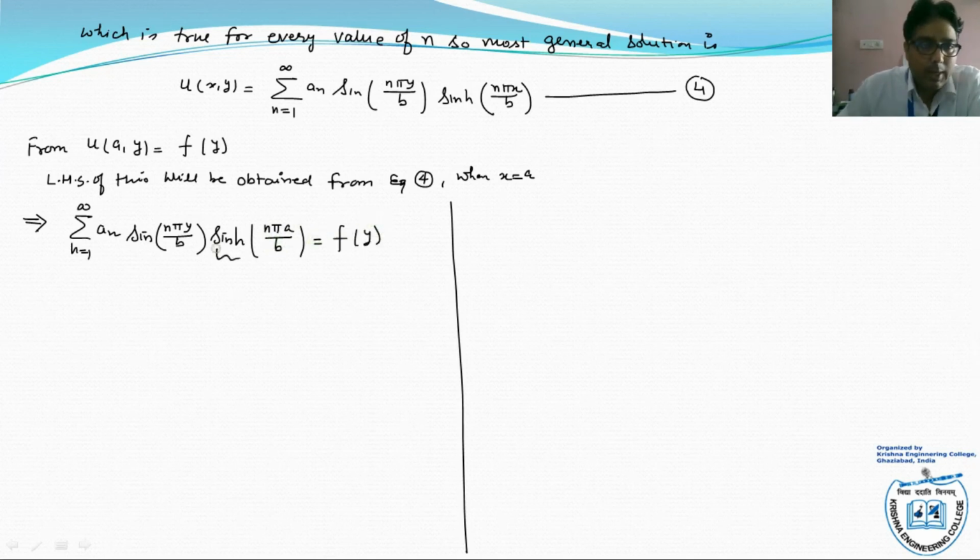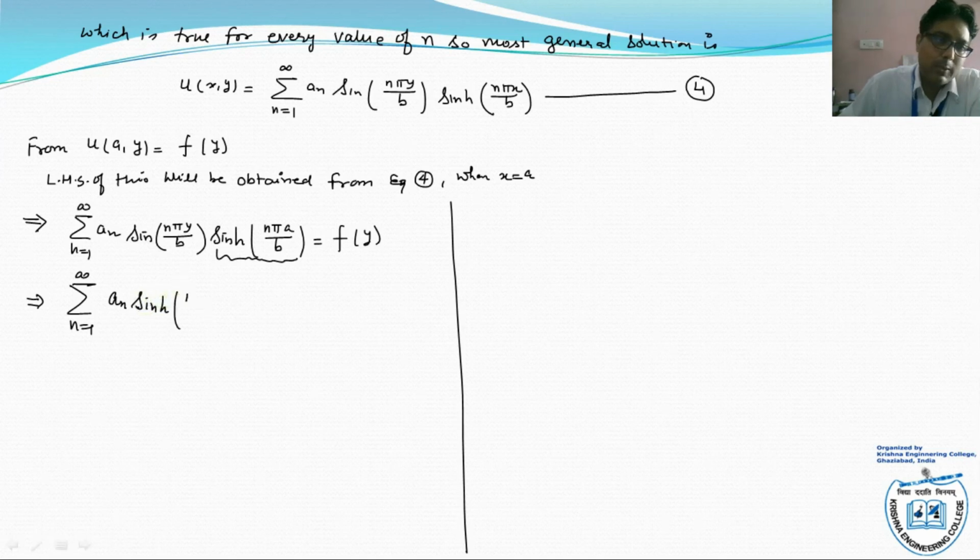The sine hyperbolic n pi a by b is a totally constant term, and this is a constant term. So this becomes summation n is equal to 1 to infinity. Write the an and sine hyperbolic n pi a by b together. An into sine hyperbolic n pi a by b into sine n pi y by b is equal to f(y).